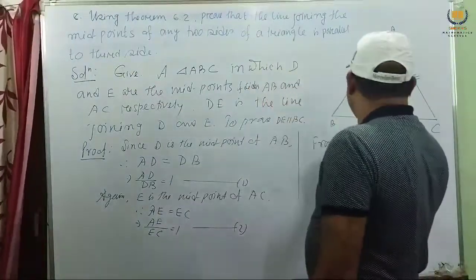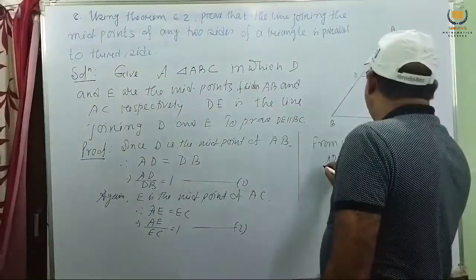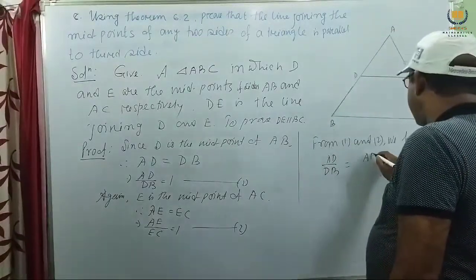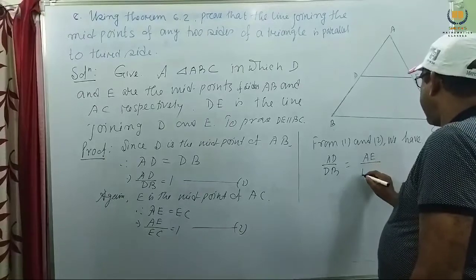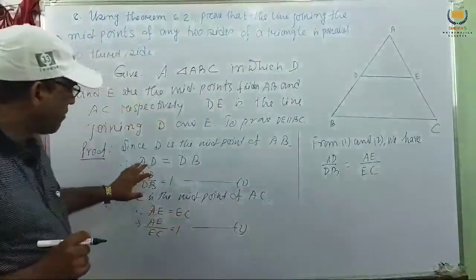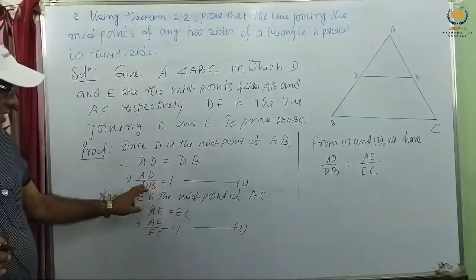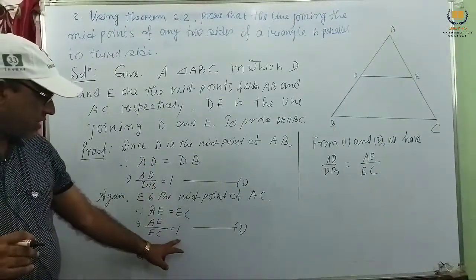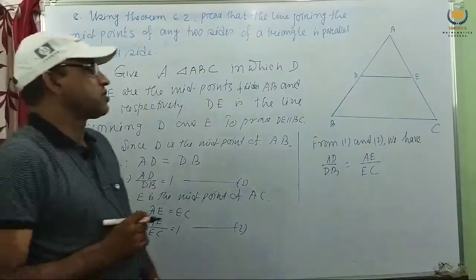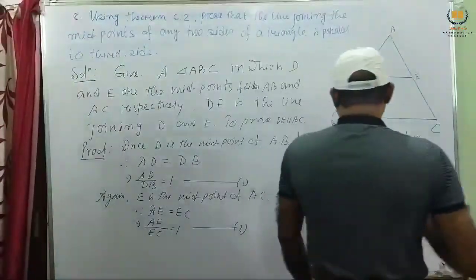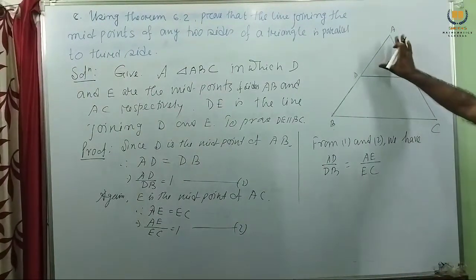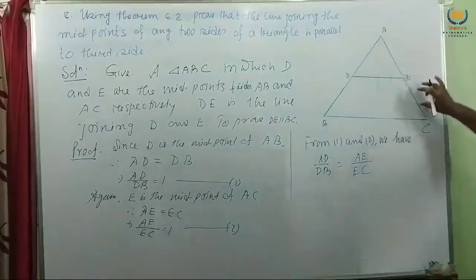Then we have AD by DB equal to AE by EC. So this will be equal, because on the right hand side this equals 1, this one equals 1. So in case of triangle ABC, we have this by this equal to this by this.